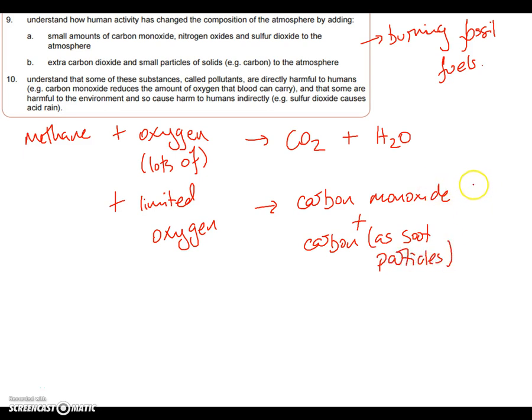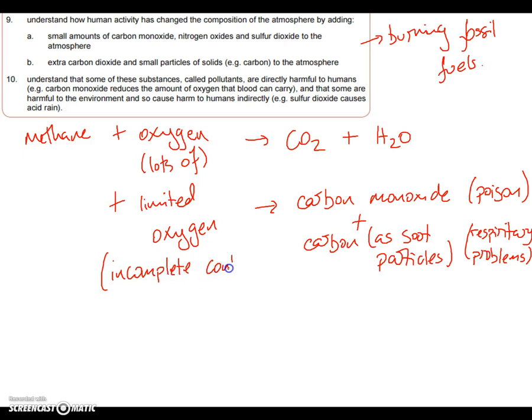Carbon monoxide is poisonous to humans, and these carbon particles can get into our lungs and lead to respiratory problems. Okay, so this is incomplete combustion. That'll lead to these problems here.